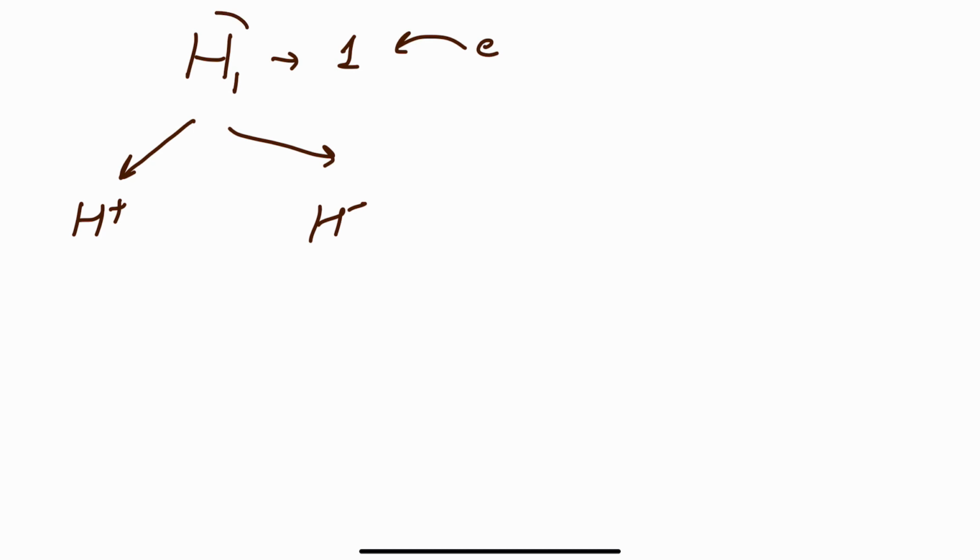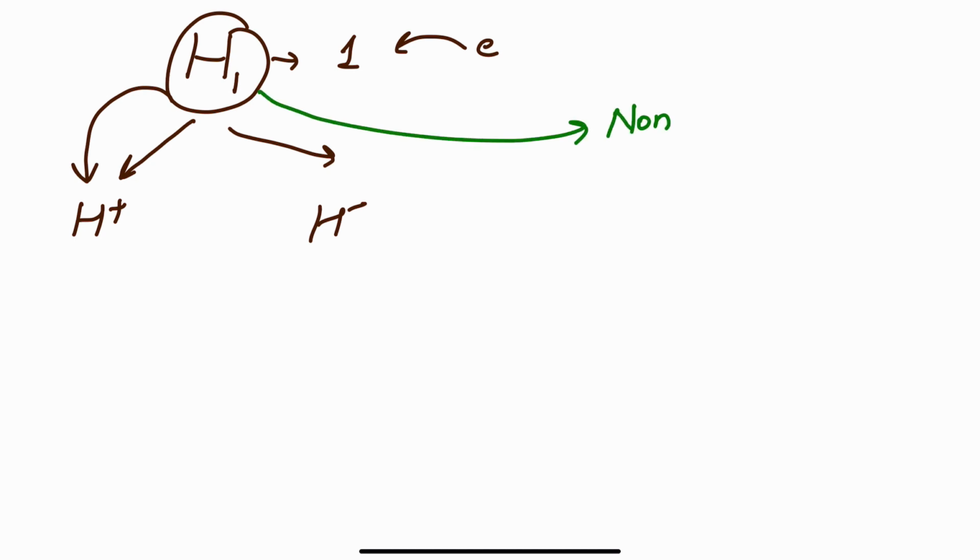Hydrogen is generally found in proton form, but it is considered a non-metal because it does not satisfy all the characteristics of a metal.